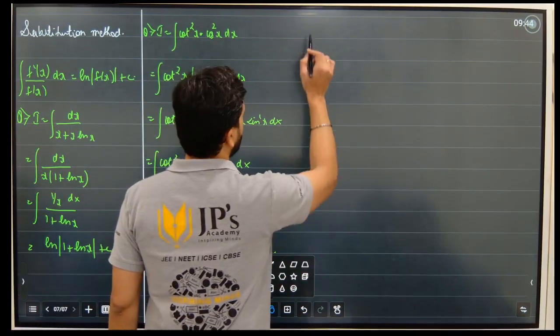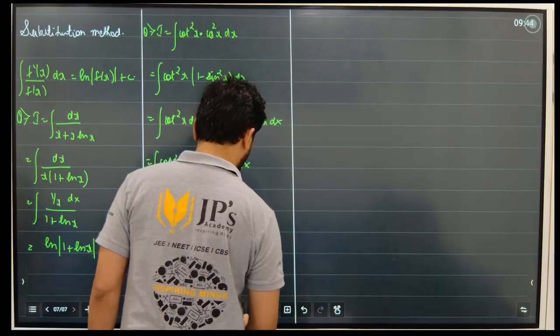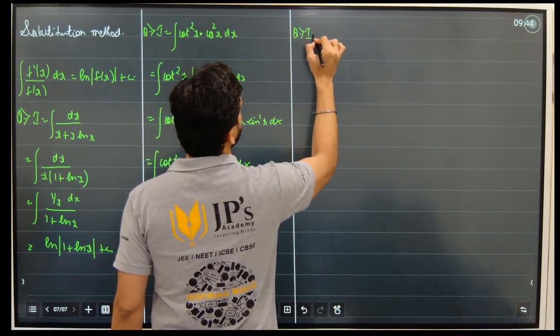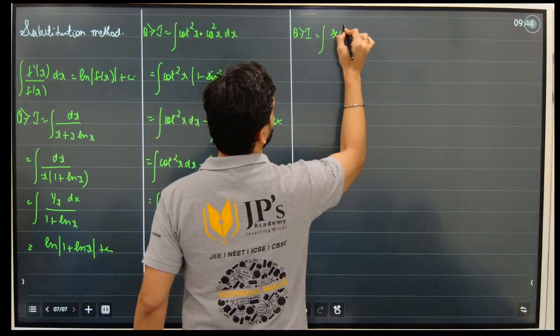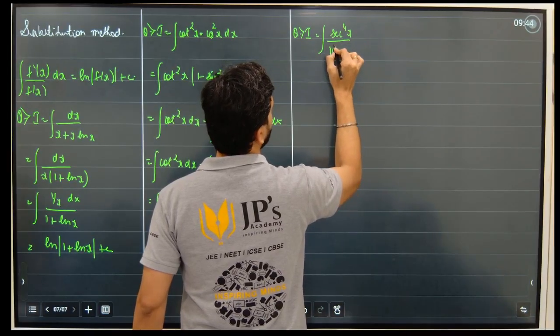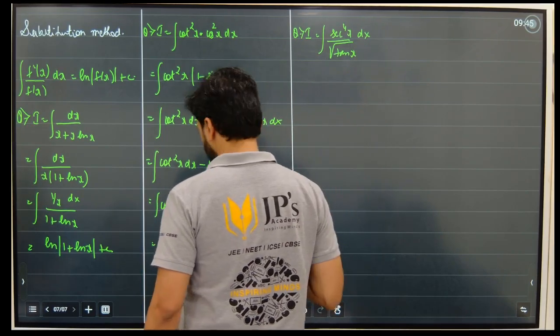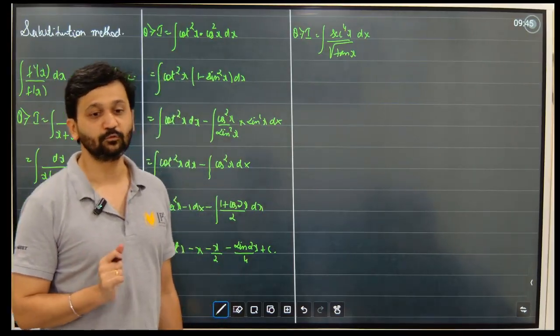But if we complicate the sum a little bit, say for example I is equal to integration sec raised to 4x upon root tan x. Now according to the substitution method I know that the derivative of tan is sec square. But the problem is, sec square is not there, it is sec raised to 4.